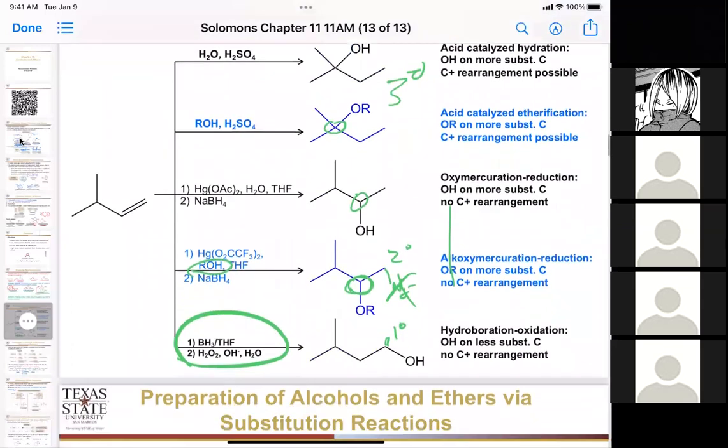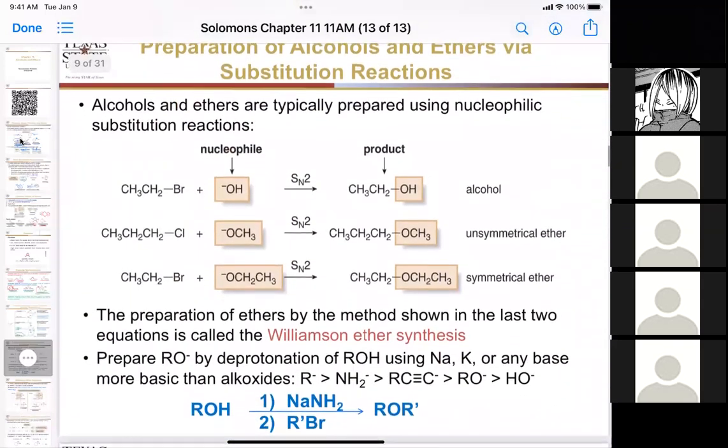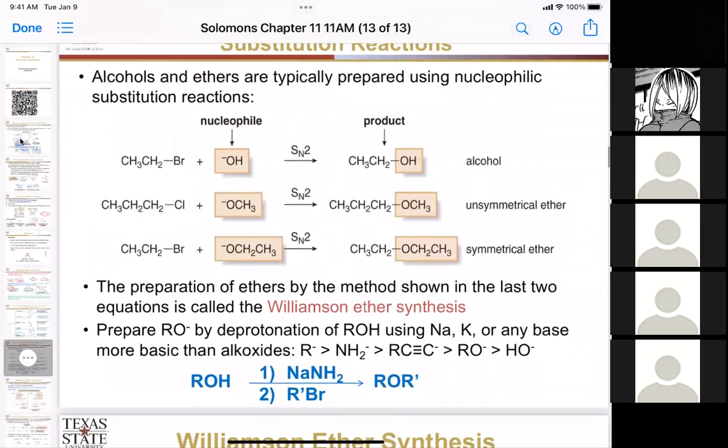Okay. So now we're going to do some other reactions we've seen before. We saw these in chapter 6, SN2. If you have a good nucleophile and an unhindered alkyl halide, you can make a substitution product. This is very good for unhindered primaries. Occasionally you can get it to work on a secondary, but by the time you get to a secondary, it wants to do E2.